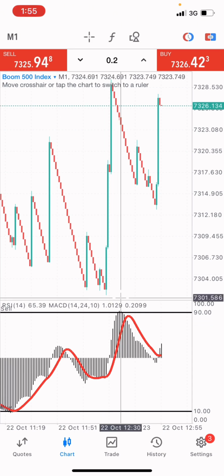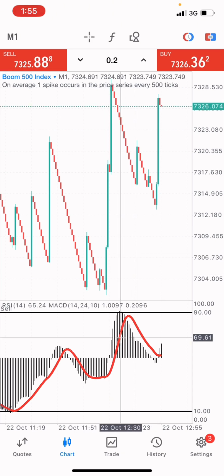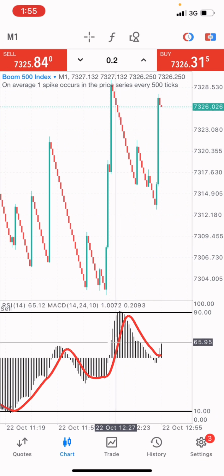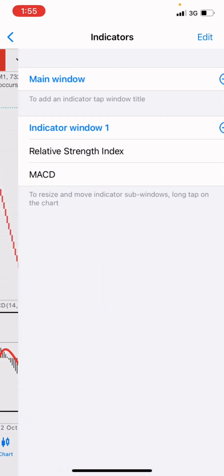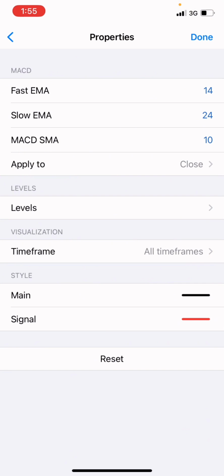As you can see here, what I normally do and observe, what I understand about this MACD indicator, is that it depends on how you set your parameters for this MACD. If you change this setup, this one that I put for fast EMA 14, if you change it to another figure, you'll see that the market chart will change as well.